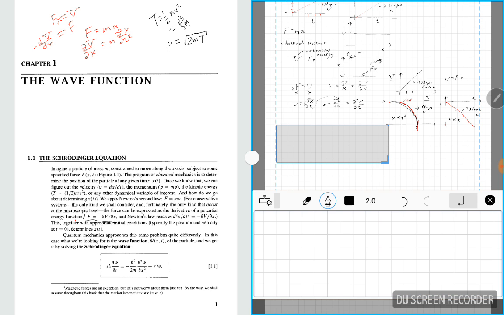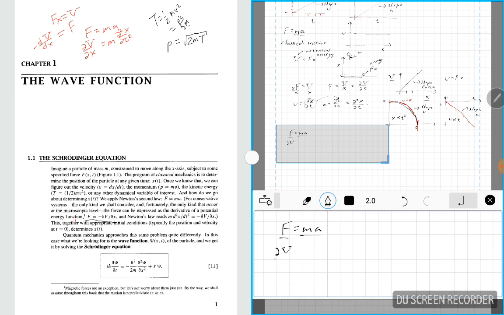Quantum mechanics starts from a completely different point of view. So instead of having F equals ma be the equation by which we can define the position of anything, this equation tells us everything we need to know about a particle moving in classical motion.